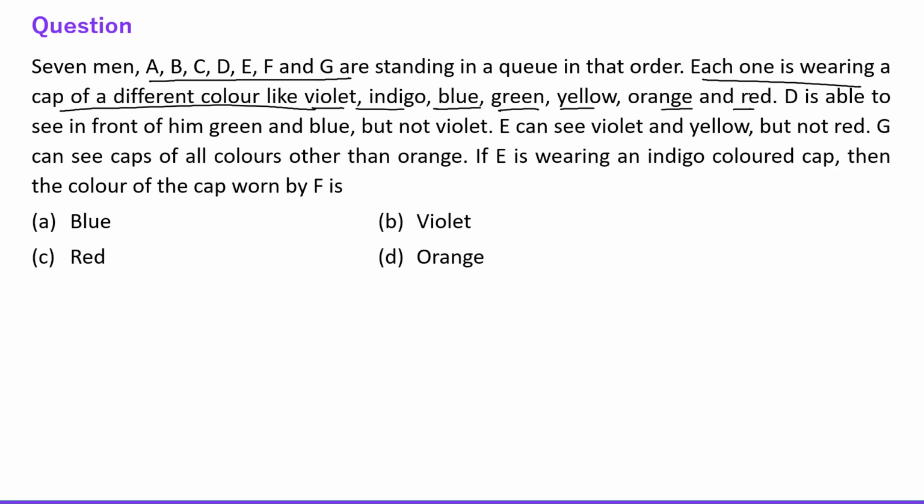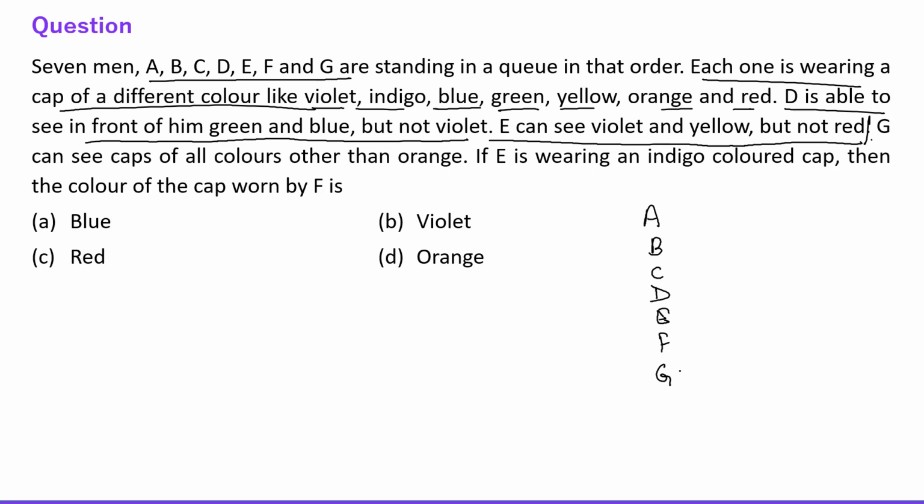It is VIBGYOR, right? D is able to see in front of him green and blue but not violet. E can see violet and yellow but not red. Fine, please just make a queue of A, B, C, D, E, F and G.